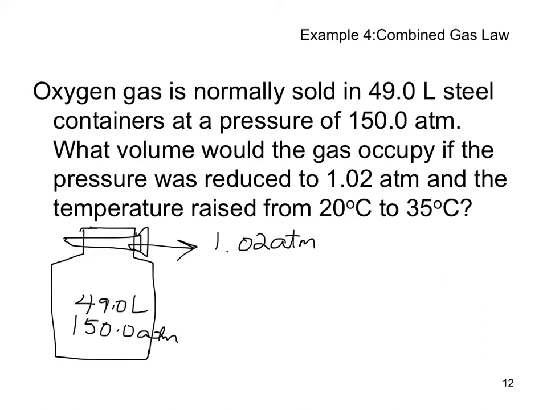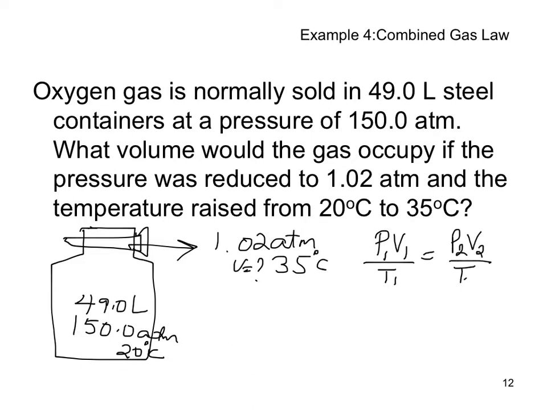So all we have done is we have just opened the valve, and the temperature has been raised from 20 degrees to 35. Volume is what we are seeking. So understand that we know P1 times V1 over T1 is equal to P2 times V2 over T2. And now when we plug in the numbers, we can easily say that 150.0 times 49.0 divided by 293.